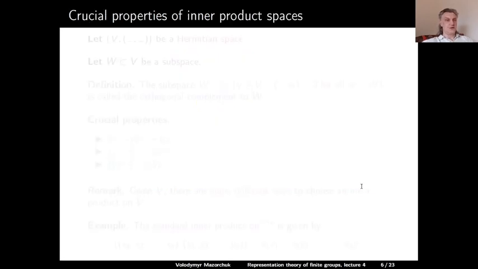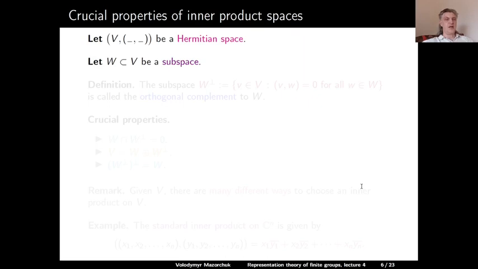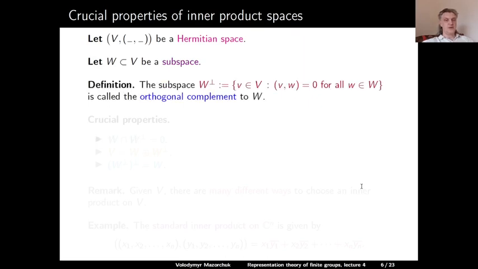Here are some properties of Hermitian spaces that are crucial for us. Assume that we have a Hermitian space V with some fixed inner product on V. Let W be a subspace of V. The orthogonal complement to W is defined as the set of all vectors in V which are orthogonal to all vectors in W with respect to our inner product. The usual notation is W perpendicular as a right upper index.